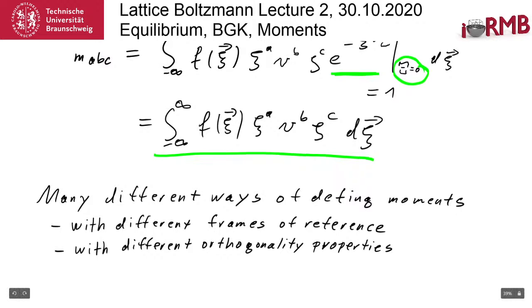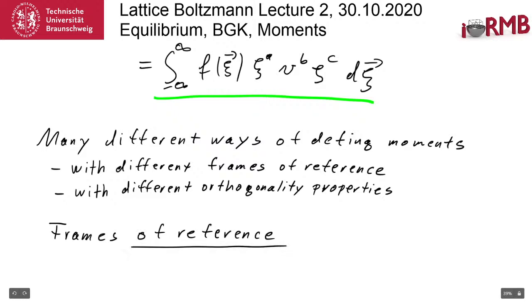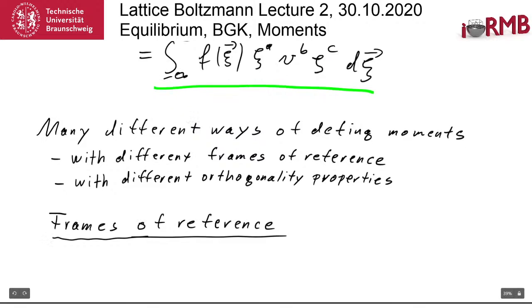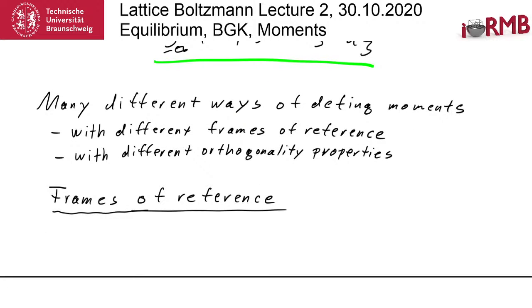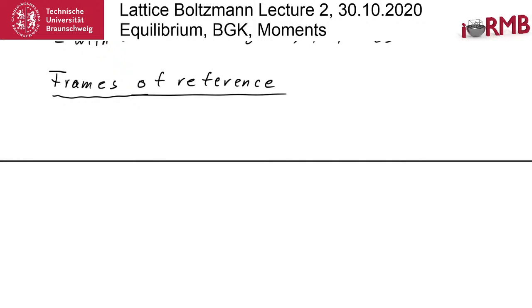So let's start with the different frames of reference. There are infinitely many different frames of reference, but two are important, namely the Eulerian and the Lagrangian.